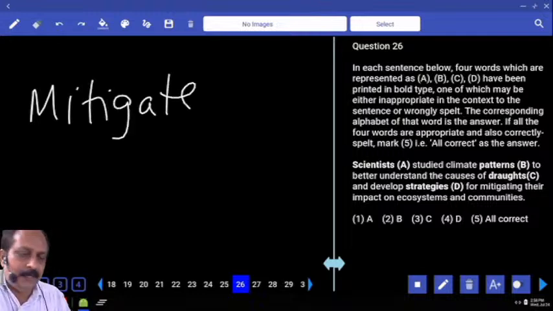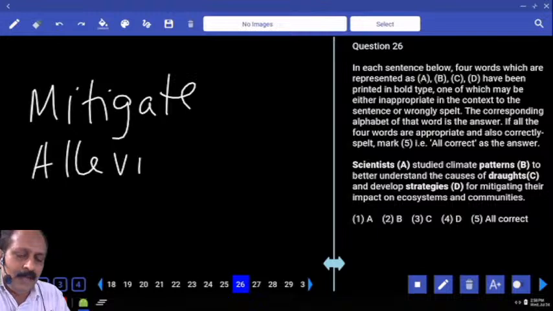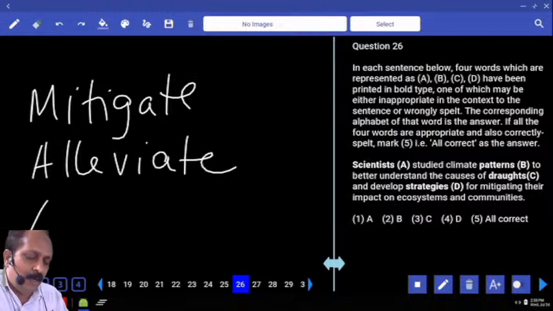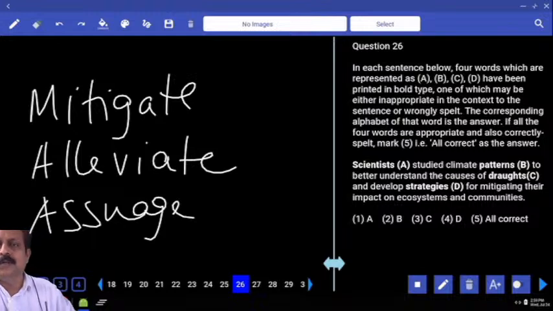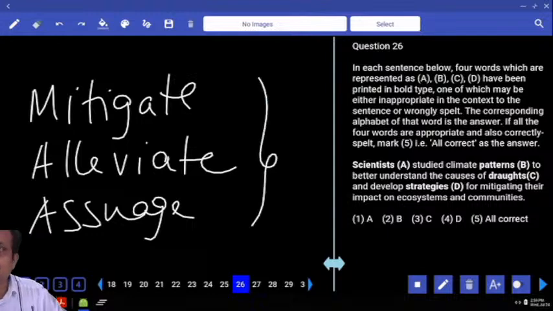First you write the word mitigate, then alleviate, then assuage. To reduce the pain or to reduce the intensity. You all know the meaning. Mitigate the problems, alleviate the pain, assuage the pain, means reduce. All the three words are very important. They have been given in bank exams many a time.